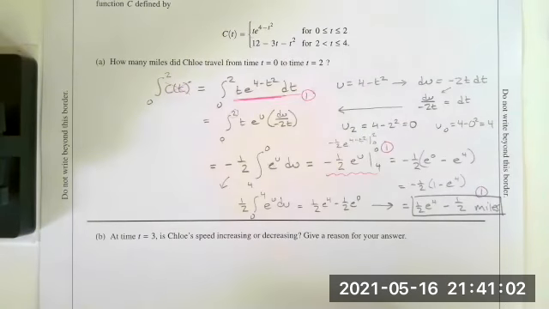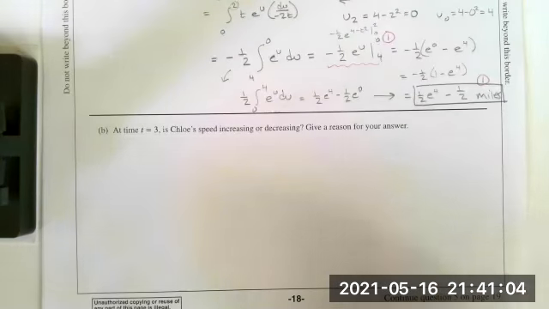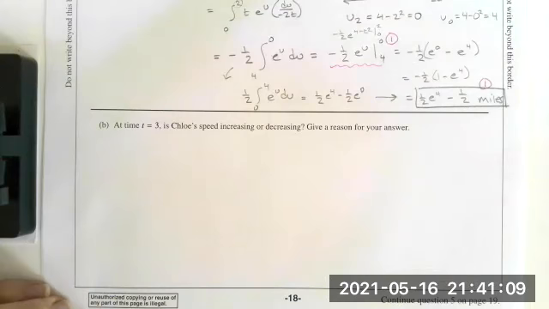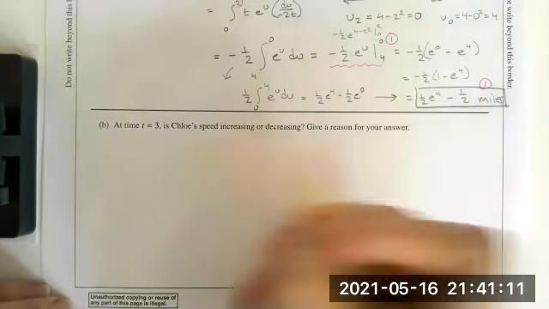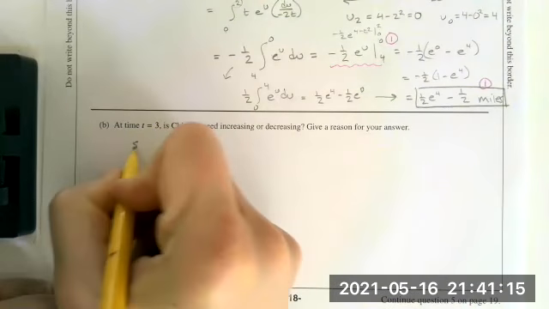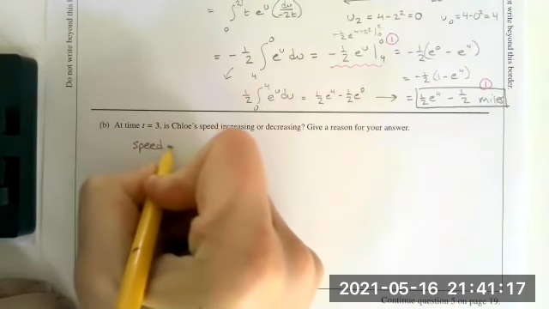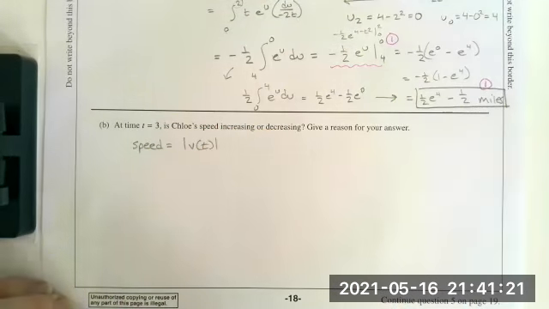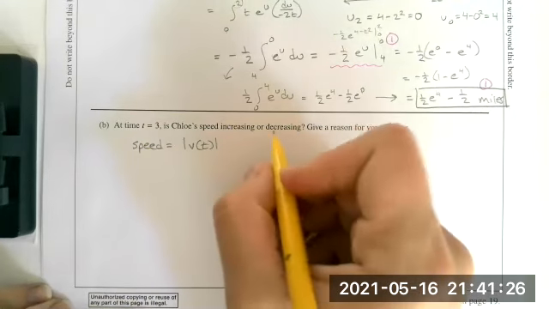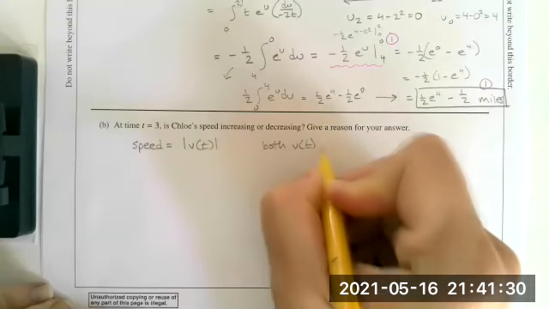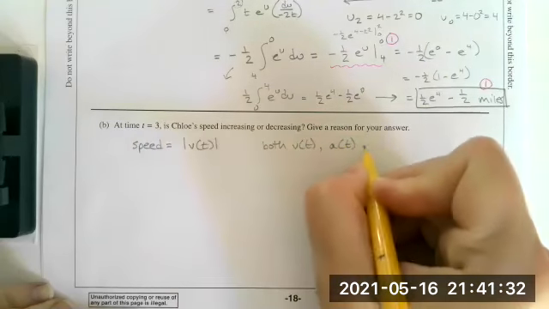So at time t equals 3, is Chloe's speed increasing or decreasing? Well, this is one of those little talked about pieces that you need to know. Speed is really particular. Keep in mind that speed is the absolute value of velocity. So to know if speed is increasing or decreasing, we actually have to talk about both velocity and acceleration.